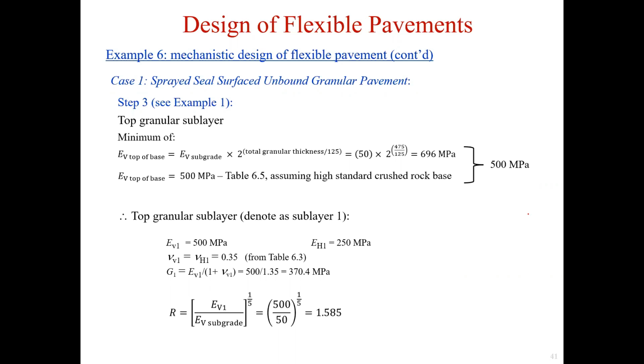The mu V1 equals mu H1 equals 0.35, taken from table 6.3. So shear modulus G1 is calculated as 370.4 megapascal. The ratio R is calculated as EV1 divided by EV subgrade to the power of 0.2, and we get the value of 1.585.